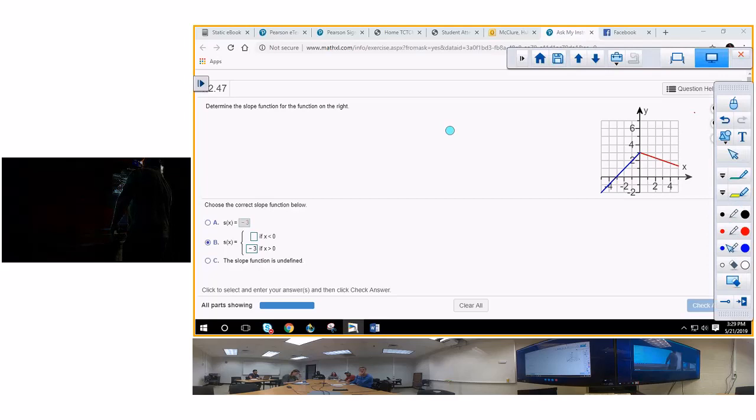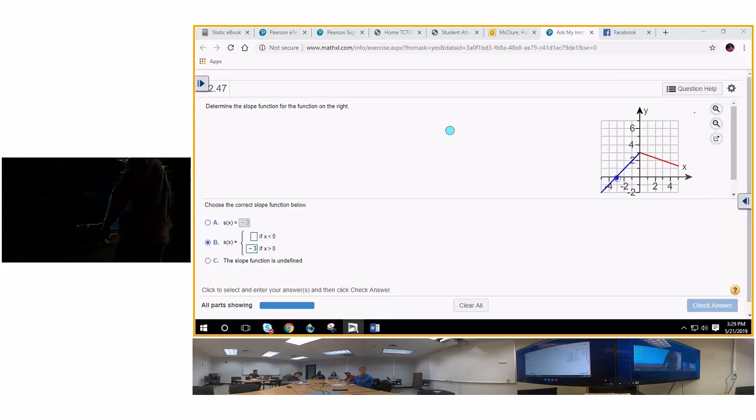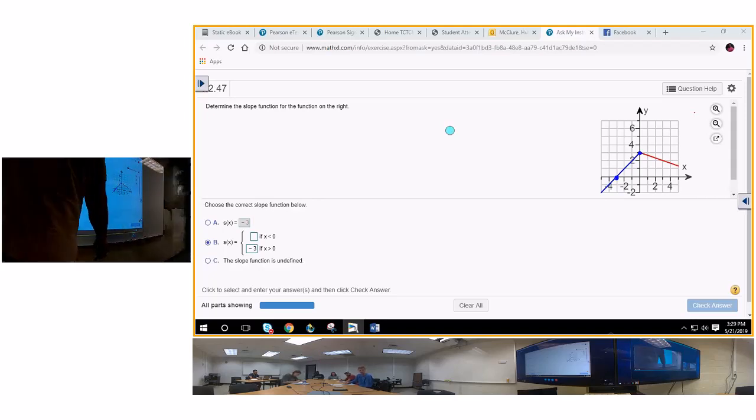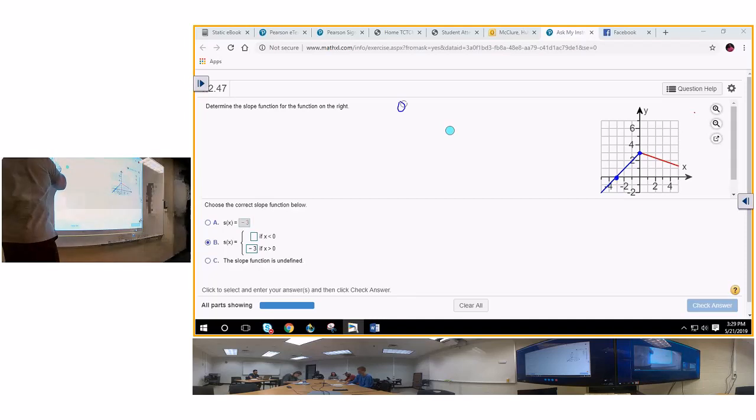I'll do the first one in blue. I'm going to pick this intercept right here and this intercept right here. So the x-intercept, 0 for y, so that's going to be -3 and 0. Sorry.